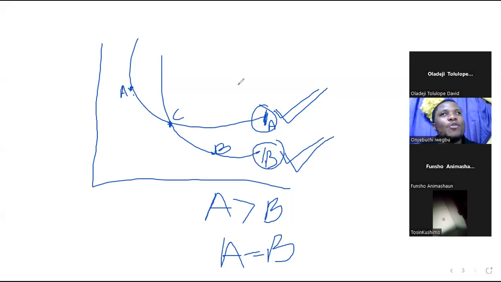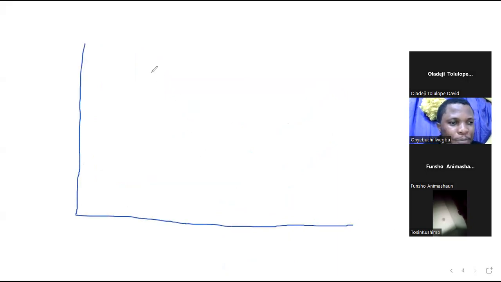You know that whenever you consume your commodity, you will record it. Now, if you remember your production possibility curve, you'll be able to answer this question you've asked. Look at this now.